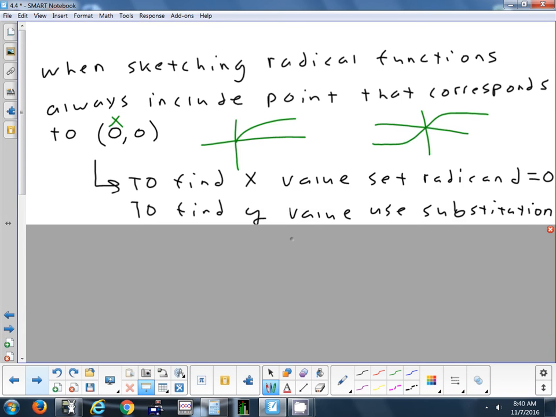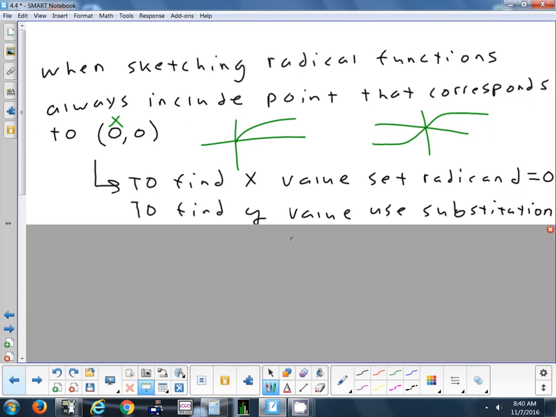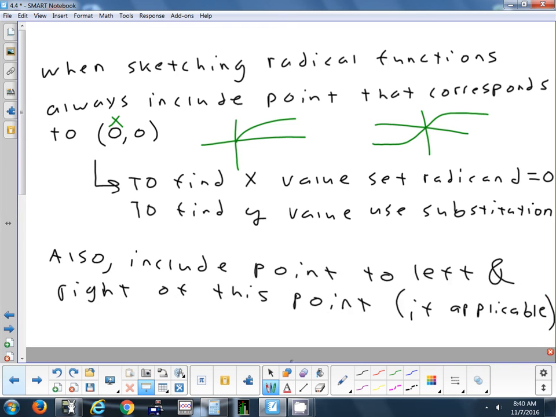Okay, you're going to have a formula, and if you know the x value comes out to, I don't know, 2, then all you do is plug 2 in for x and solve for y. Okay? And that'll give you your y value. So that's just using substitution. Okay, and then once you have your start point or your center point, depending on if it's an even or an odd root, graph other points to get the idea of the curve.